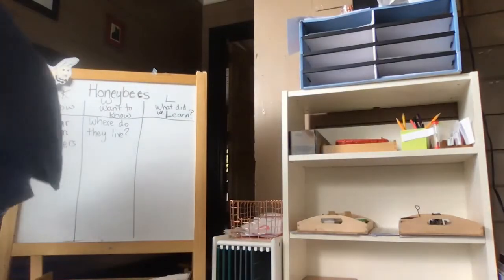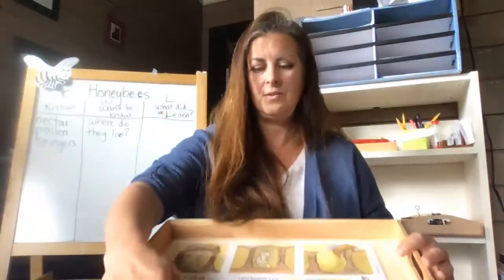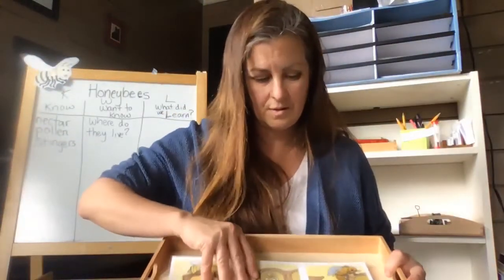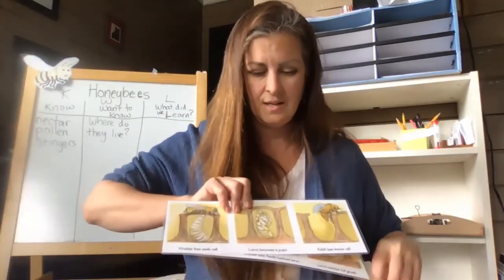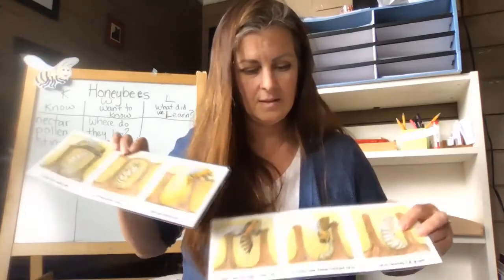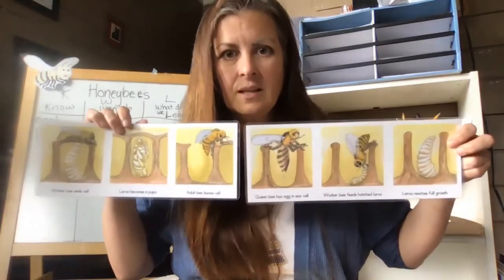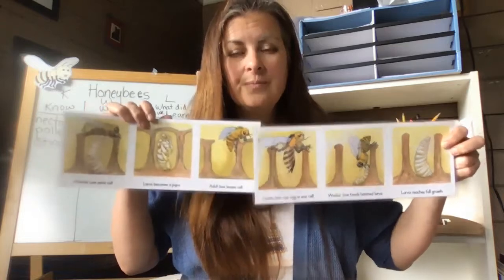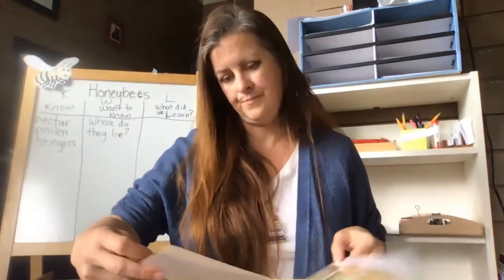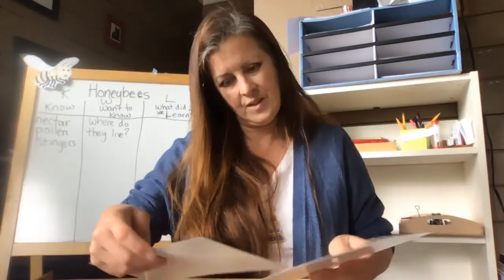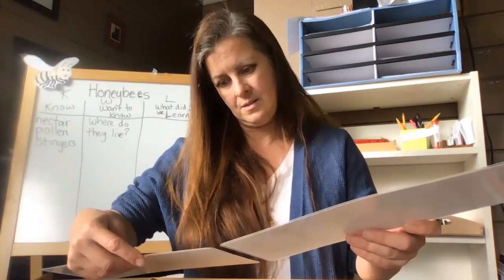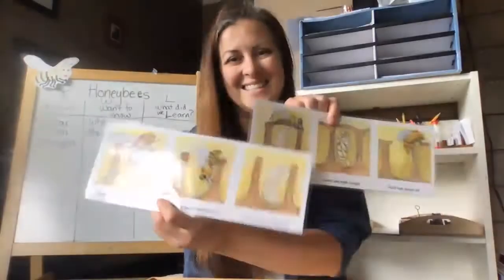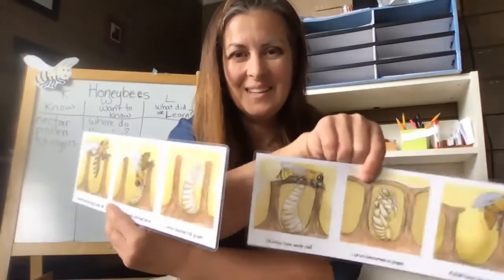I also have on the shelf the honeybee life cycle pictures. So you can see this is like the control because it tells you the order. So it goes like this. I couldn't see the other way.